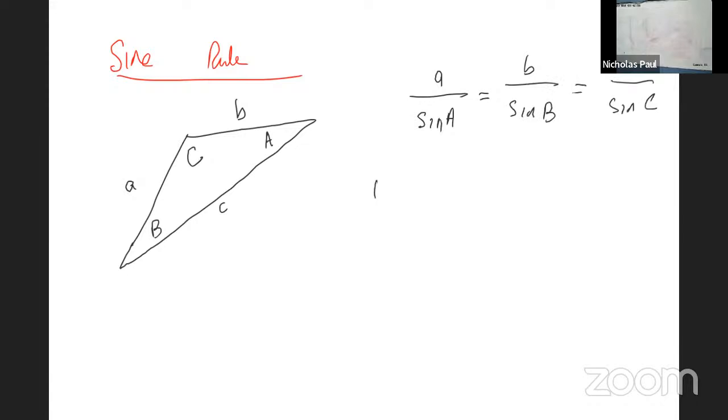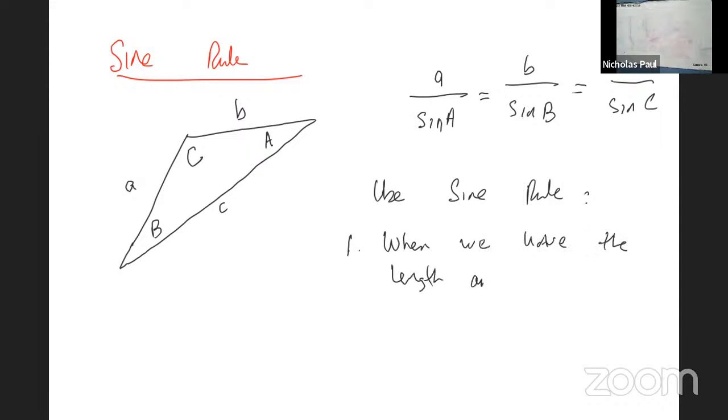So when do we use sine rule? We use sine rule under a few conditions. The first condition you look for is when we have the length and the opposite angle.